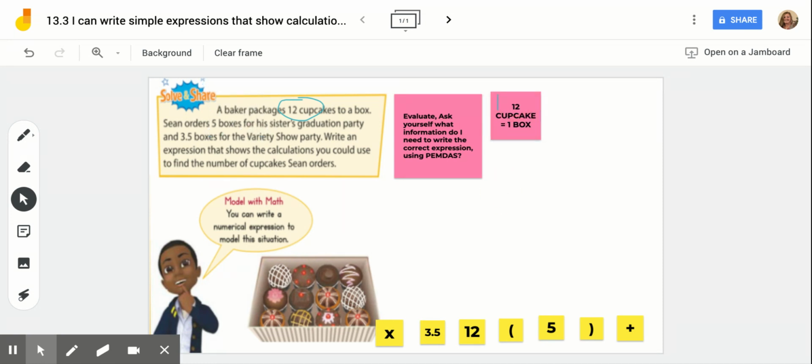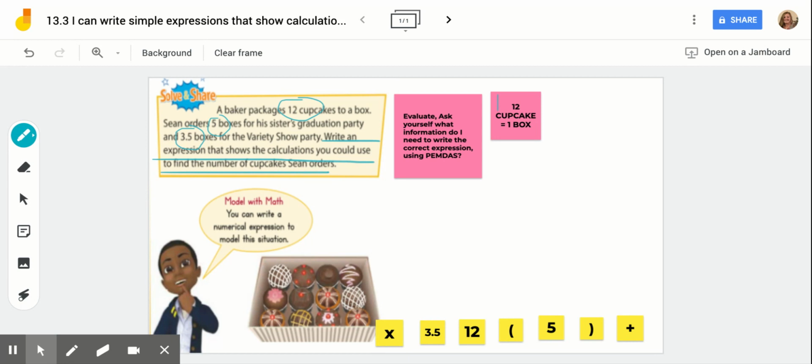Sean orders 5 boxes for his sister's graduation party and 3.5 boxes for a variety show. All right, so let's go back to this. I'm going to circle 5 and circle 3.5. Write an expression that shows the calculations you could use to find the number of cupcakes Sean orders. As you notice, there are little yellow boxes on the bottom.